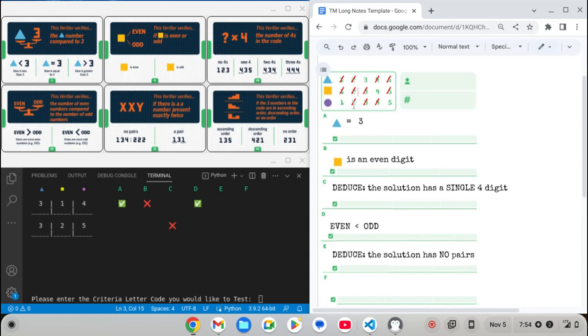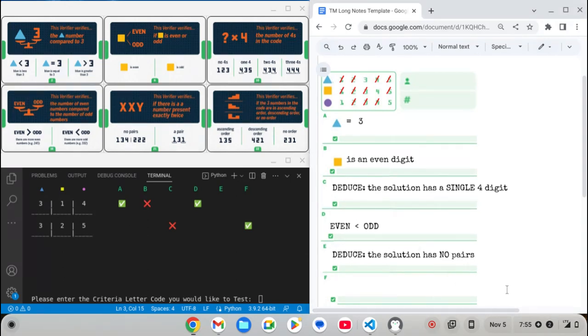And so at this point, it's either ascending or no order. And again, I just don't see a way to conclude that. So let's go ahead and test criteria card F. Okay, so yeah, it approves of the fact that the solution should have no order.